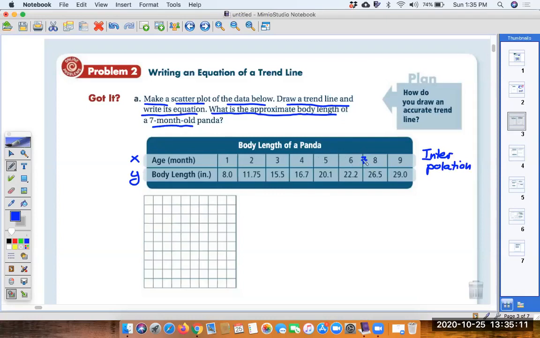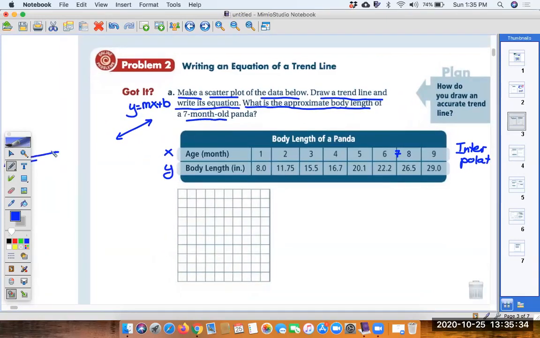So they missed number 7 and they want to estimate what it could be. That's where those trend lines and the equations come in handy. The equation, remember, is in the form y equals mx plus b. Why? Because we believe that the panda is growing in a linear fashion mostly, with a positive correlation, uphill.